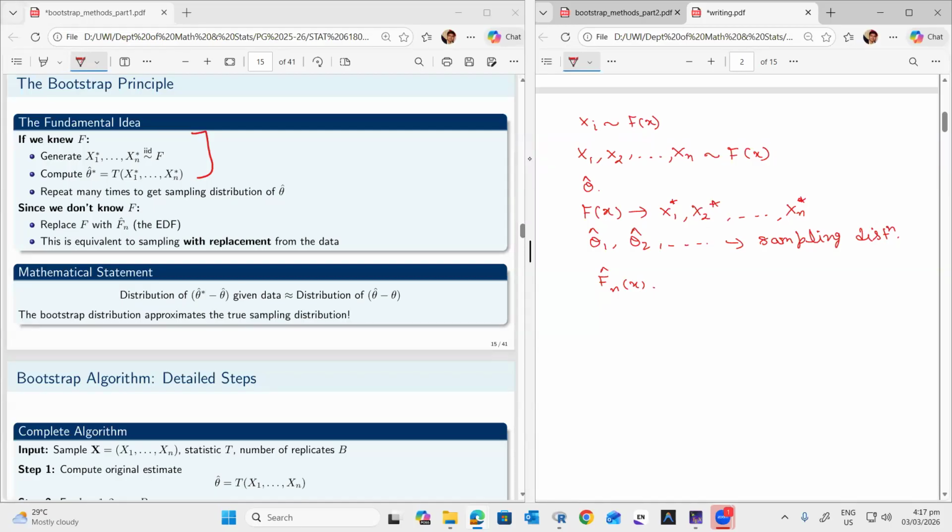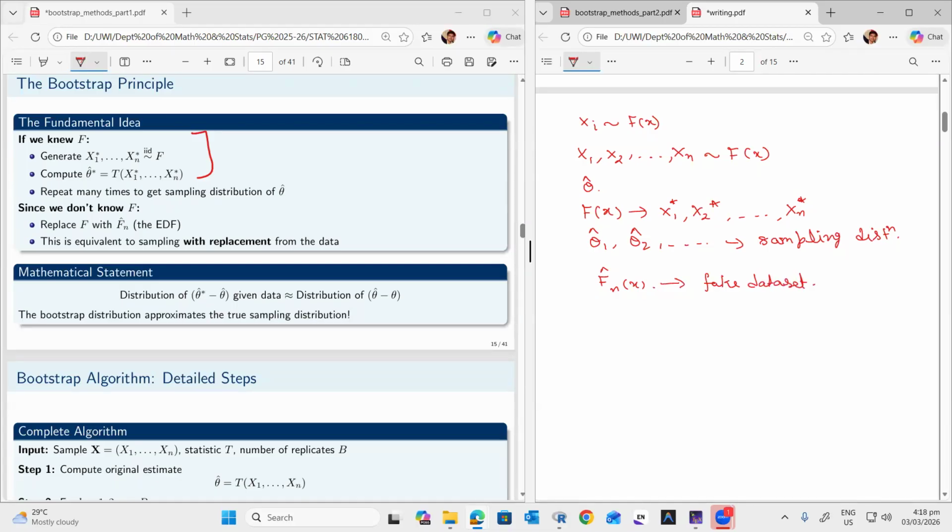So we are going to generate samples from Fn cap, which is exactly the same as sampling with replacement from the observed data. That will give you many fake data sets that look like the original sample. When I say fake data sets, this empirical CDF will give us the fake data sets.